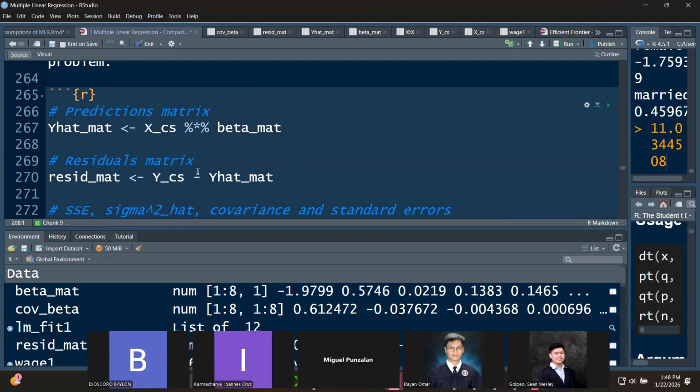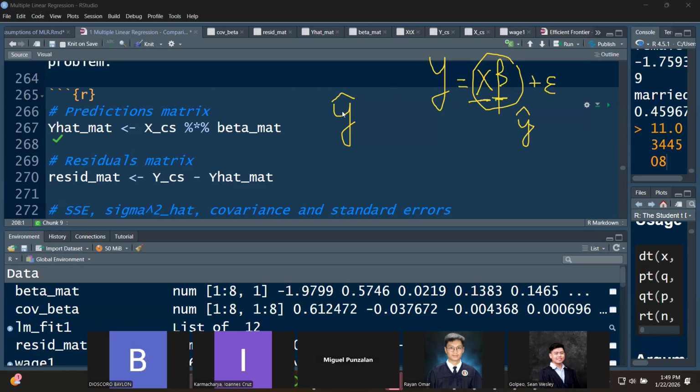Okay. Prediction matrix, class. What's this? Y hat matrix. Remember the equation Y is equal to X times beta plus epsilon. Remember that this one is your predicted value, y hat, so it's equal to X times beta.